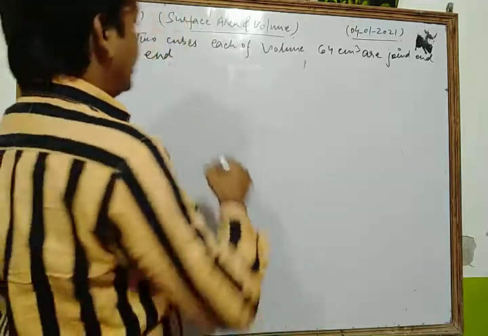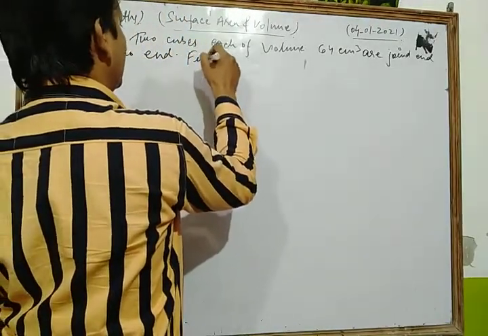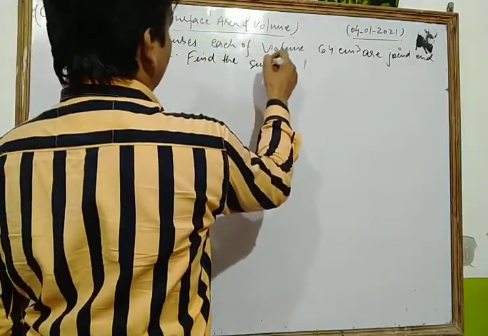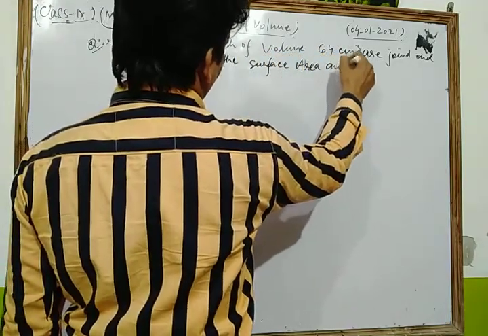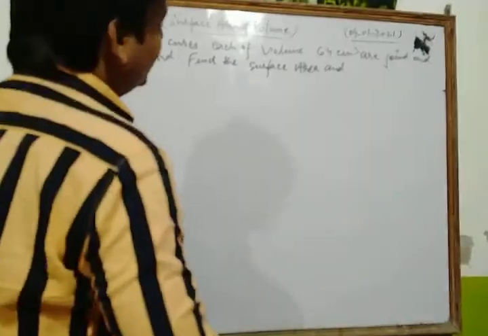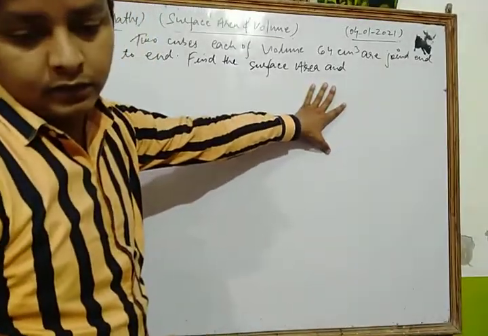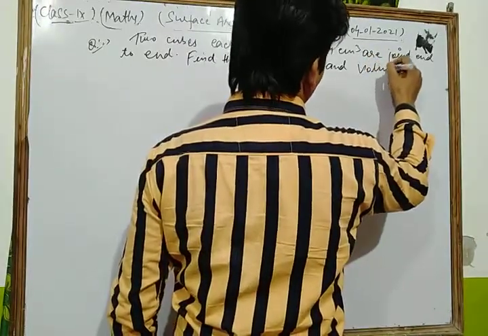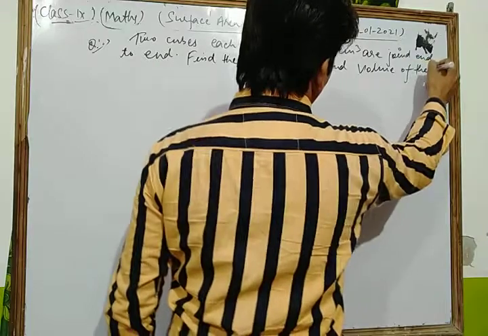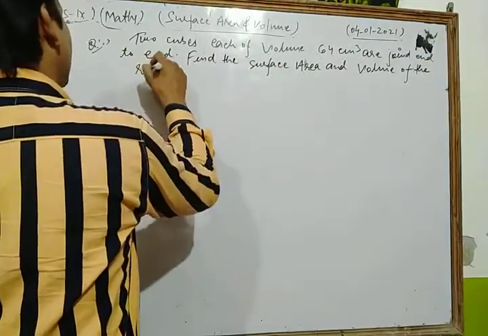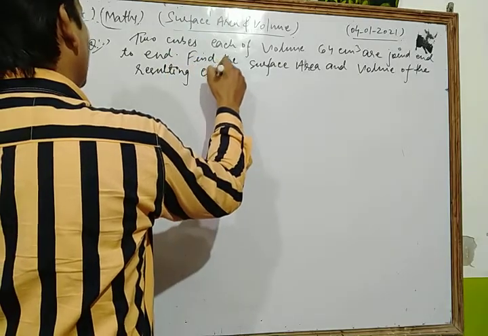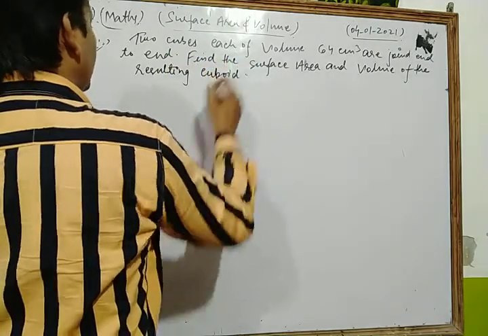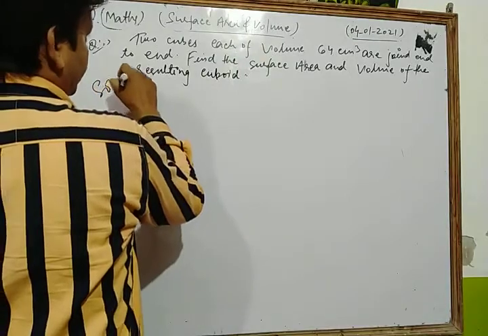Find the surface area and volume of the resulting cuboid. Let's see its solution.